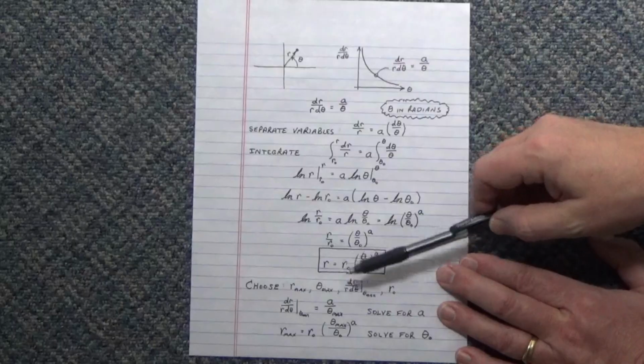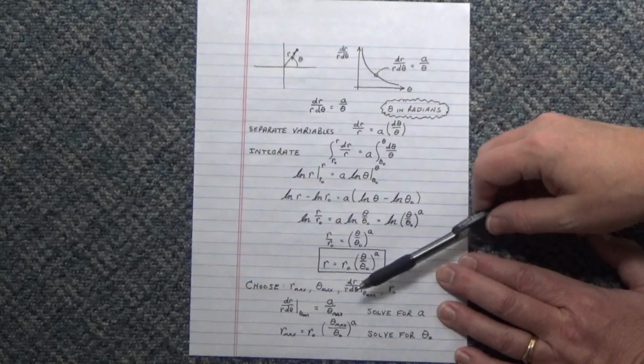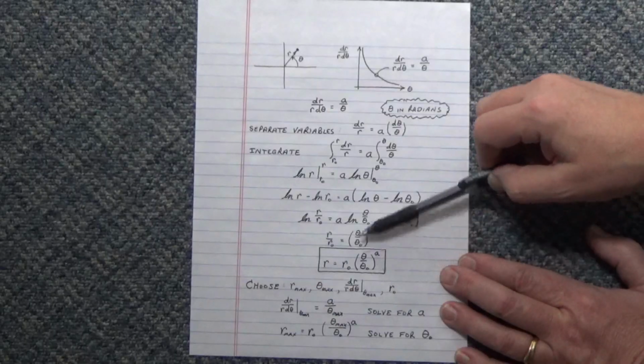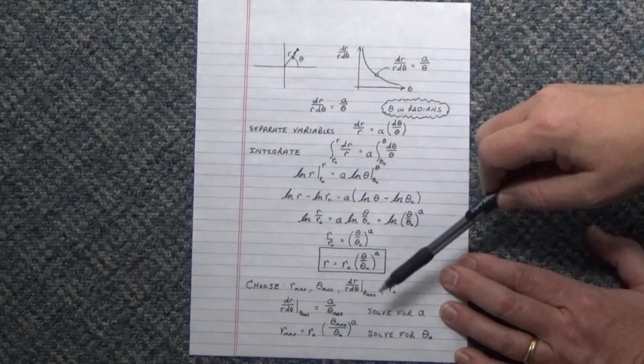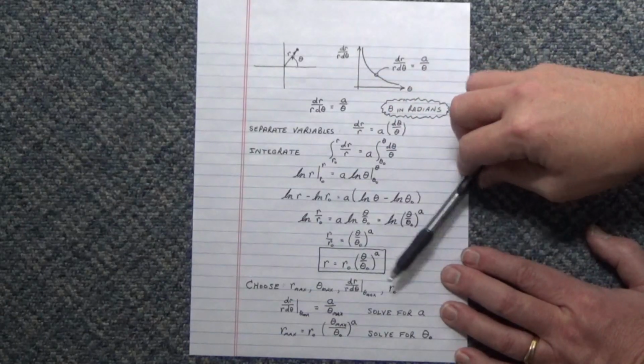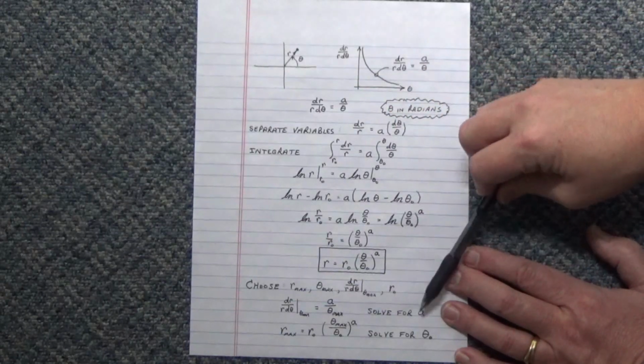And we can choose a starting slope and an initial radius, that would be near the hub, someplace down there. So we're going to choose those values, and then we have to solve for a.